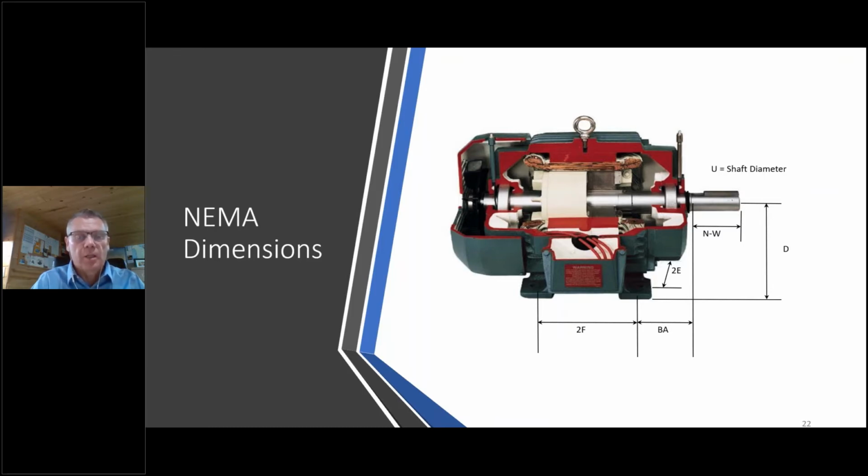The D dimension is probably the most important one, and that is the base to shaft center height. So that's from the bottom of the foot to the center of the shaft. The 2F is the spacing between the front foot and the back foot bolt holes. The 2E is the side-to-side spacing on the feet, looking at it from the front or the back.